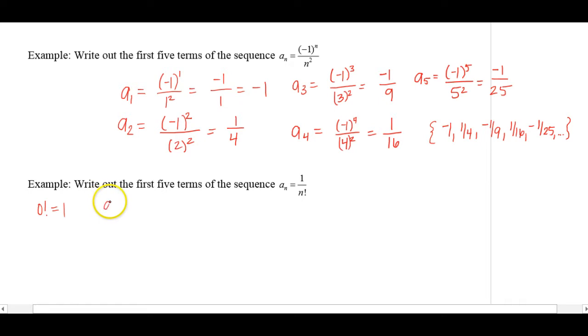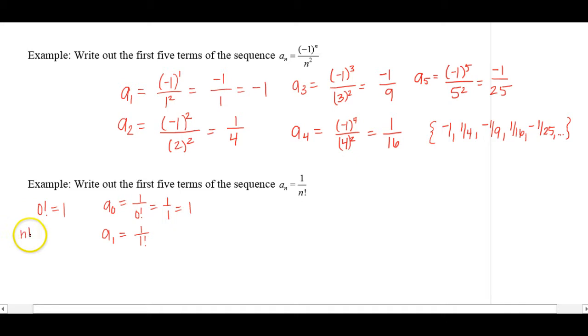So when we go to find the first term in the sequence, a sub 0 is going to be our starting index, or 0. So 1 over 0 factorial is 1 over 1, which equals 1, so that's my first term. A sub 1 is going to be my second term, so 1 over 1 factorial. So let's just go over what factorial means.